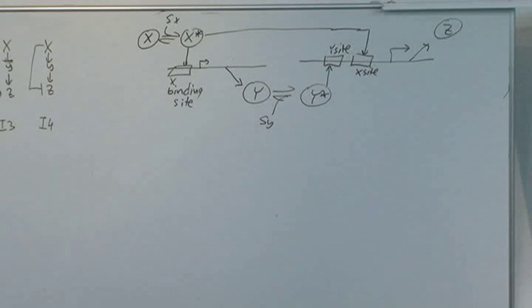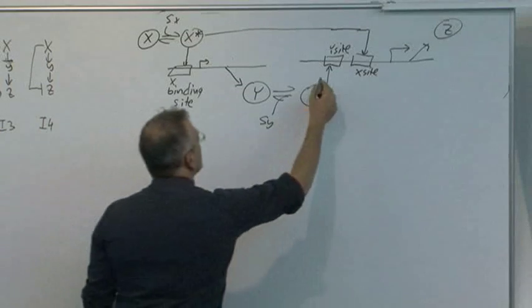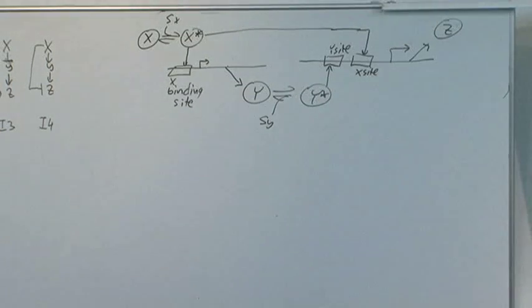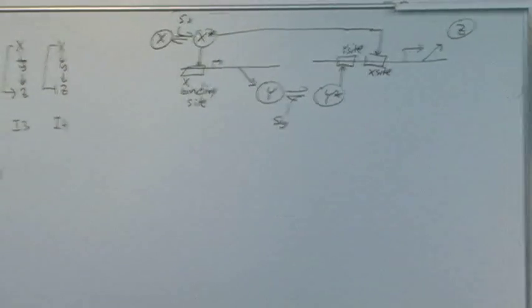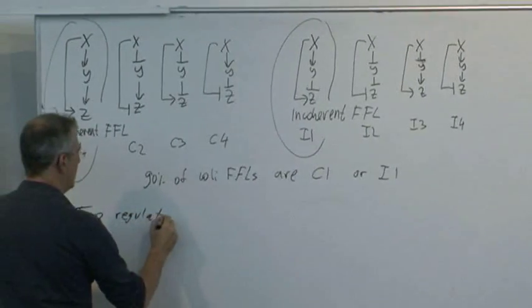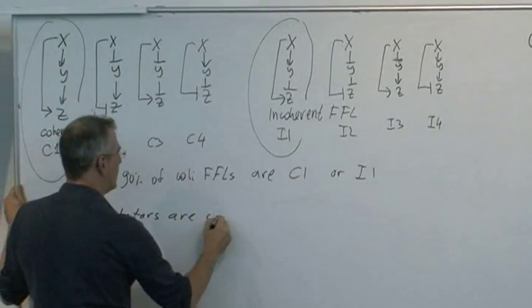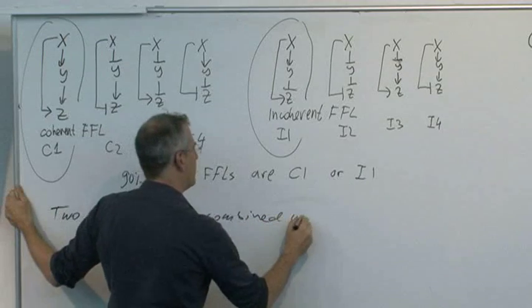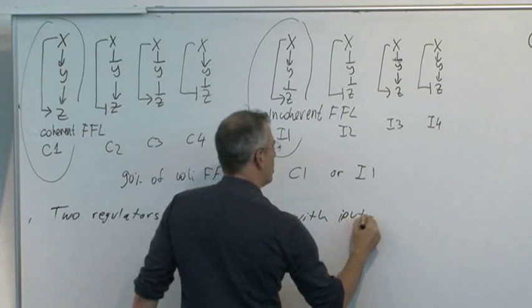So it turns out that a good approximation for a lot of bacterial promoters and non-bacterial promoters is that the 2 regulators are combined with what we call an input function.